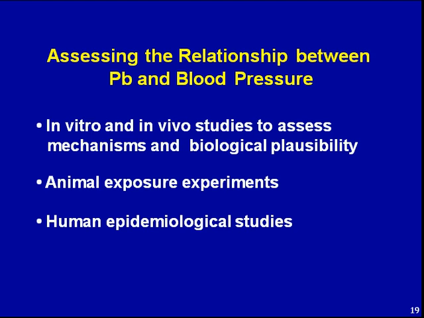There have been a number of in vitro and in vivo studies that have been conducted in animal models and in tissue preparation that indicate that lead can affect vascular tone. Much of the evidence for this suggests that lead interacts with levels of calcium inside cells. And as you know, calcium is a mediator of vascular smooth muscle constriction.